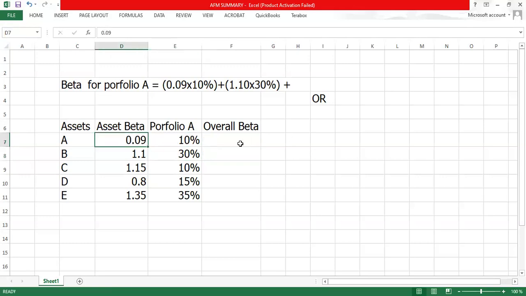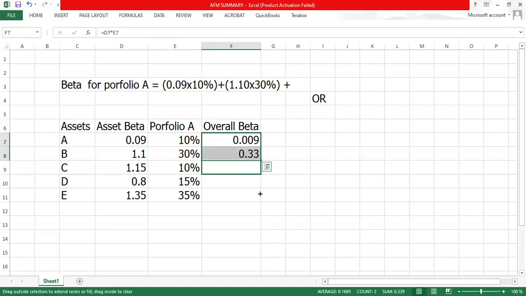Simply multiply. You get this times this. This is what I get. I also get this times this. On your calculator, do you get these figures?